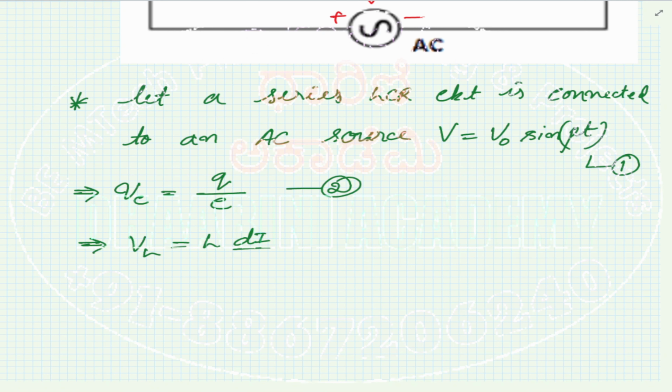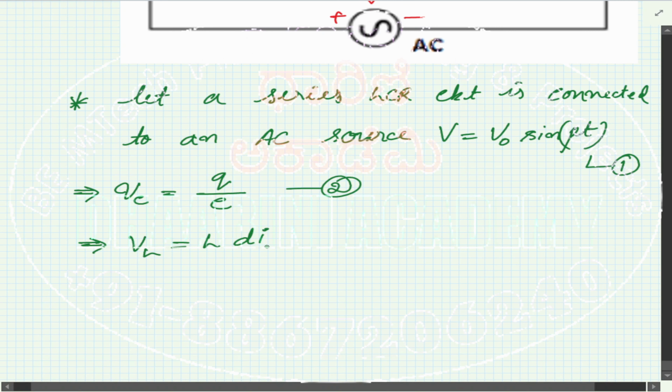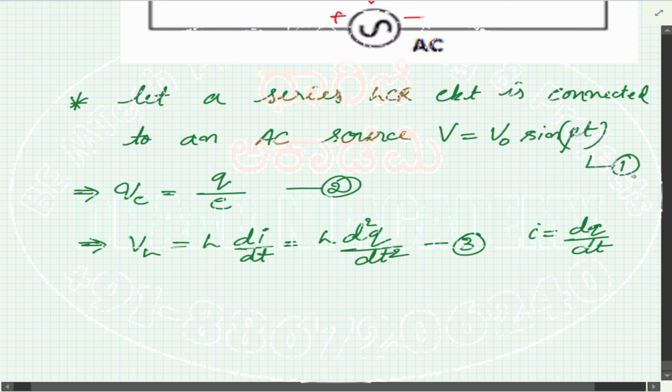There is another convention: please remember, when you write an AC quantity, it will always be a small letter, so di by dt is the rate of change of current. I is equal to dq by dt, the rate of change of charge. So I can write this as L into d square q by dt square. This is what we call equation number 3.